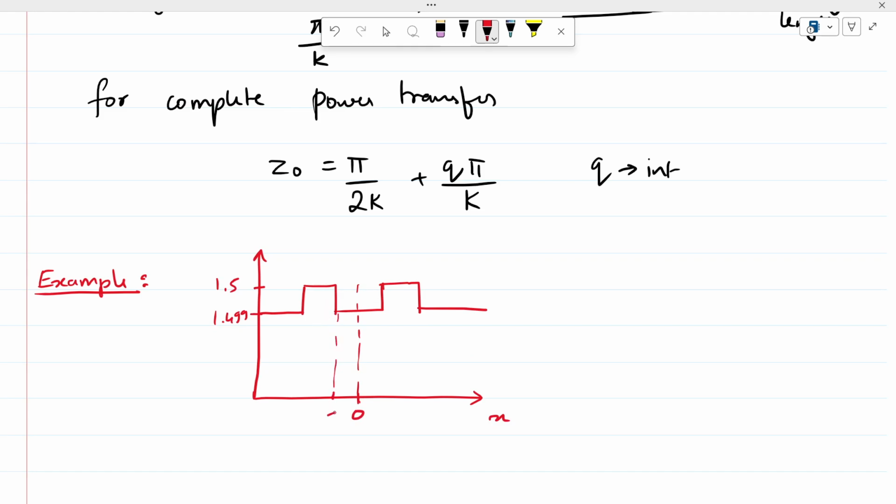This is x equal to -2, so everything is in microns. So -2 micron. Sorry, this is not -10, this is -12. This is +2, and this is +12. So the width of the waveguide is 10 microns.